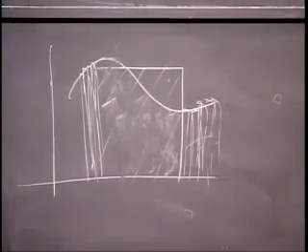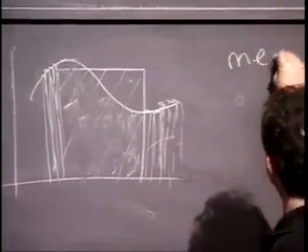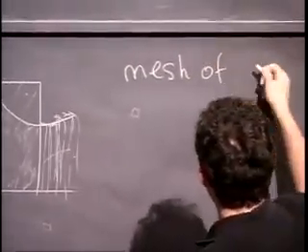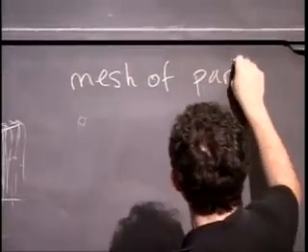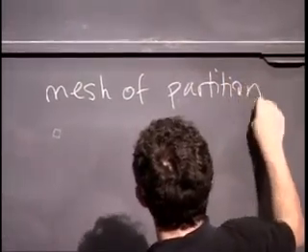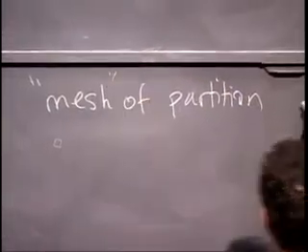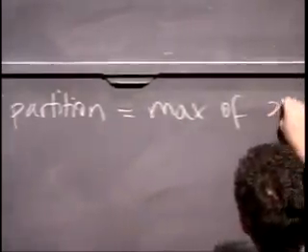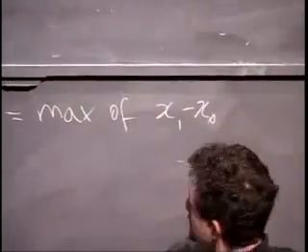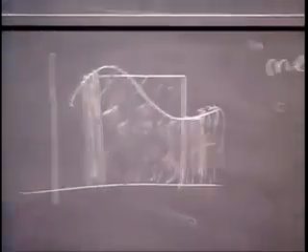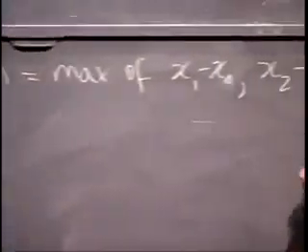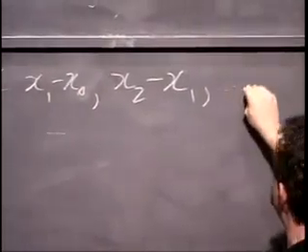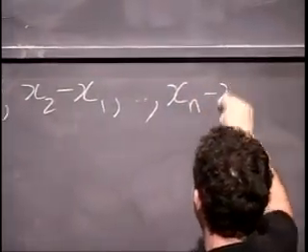So I'm going to let the mesh of the partition, the mesh of our above partition, as it's called, be the maximum of the lengths x1 minus x0, that's the width of the first strip, x2 minus x1, which is the width of the second strip, and so on up to the width of the last strip.